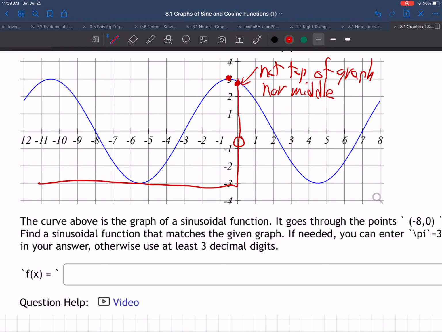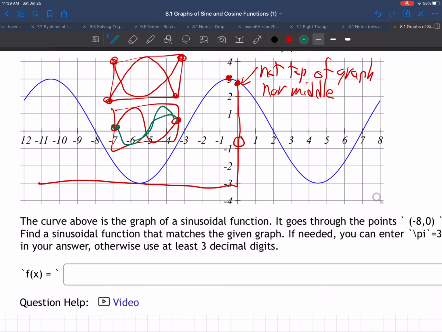Because you have to capture one exact cycle, which means you have to capture high to high for cosine, or low to low for upside-down cosine, or if you're doing sine, you've got to go middle, high, low, middle, or the other way, low first.